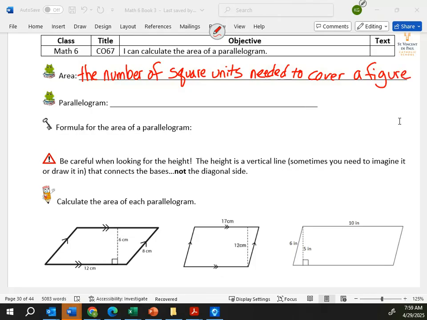So remember, if we were putting that nice dirt for our garden inside that garden, the area is how much we would need to cover that space.